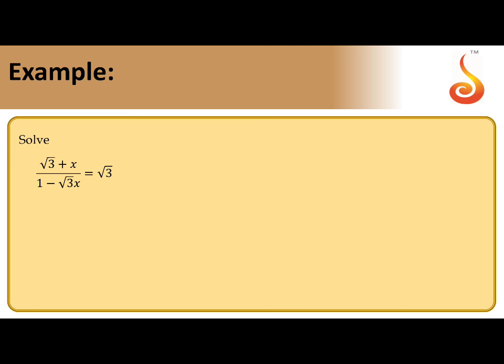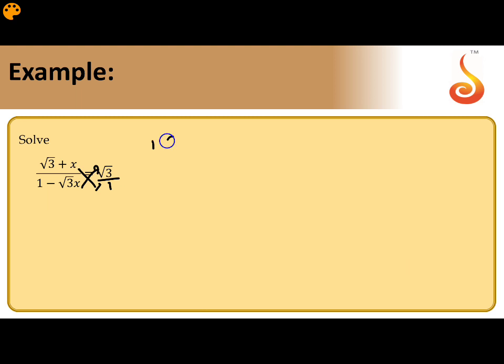So another simple example. What I am going to discuss in all the problems are different types of equations, how to solve them. So look at this question, root 3 plus x by 1 minus root 3x equal to root 3. So now how to solve this equation? So let us simplify this equation. Look at the right side, only root 3 is there, right, by 1, and cross multiply.